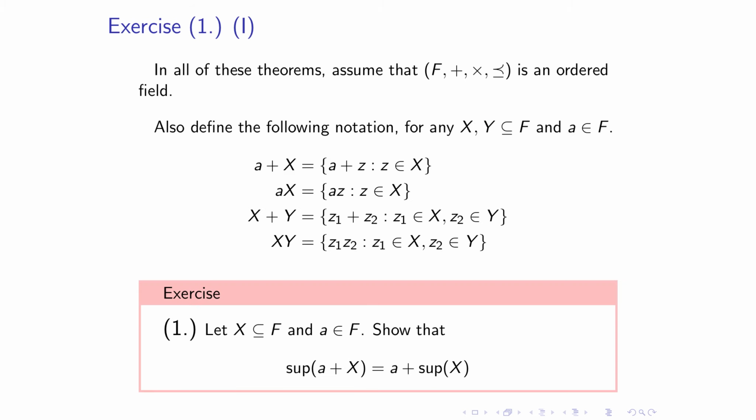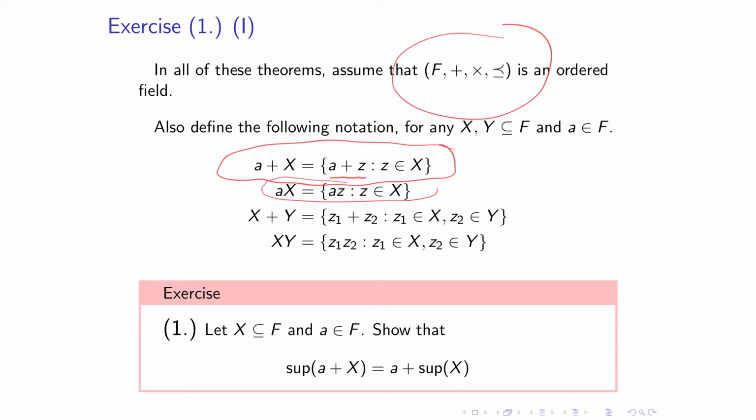Before we get going, let's establish some notation. We'll be talking about things in the context of an ordered field, and we will define A plus X to be the set of all A plus every element of X, put briefly.